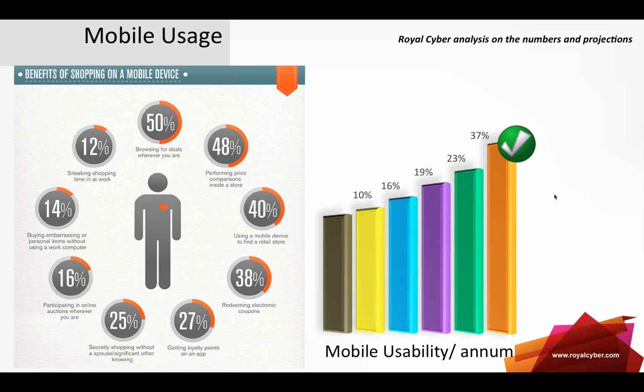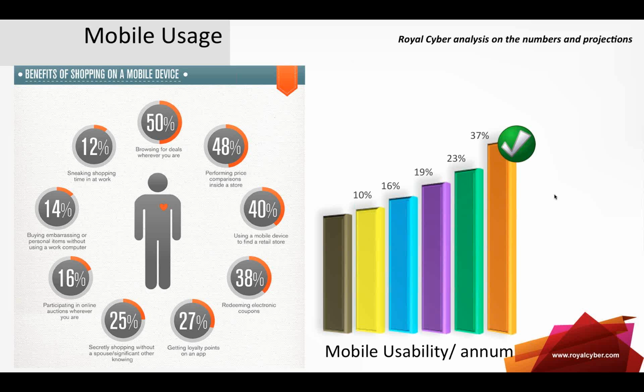Your enterprise might have seen this chart or done some kind of study around it. But as you can see, the numbers tell the story. 50% is browsing for deals wherever you are. So 50% of the user community is browsing for deals. 48% is performing price comparison inside a store. 40% is using a mobile device to find a retail store.